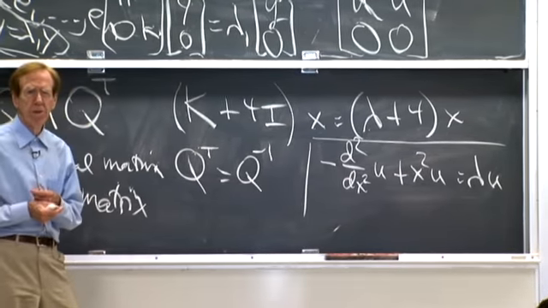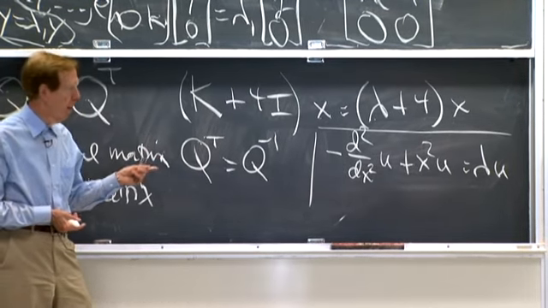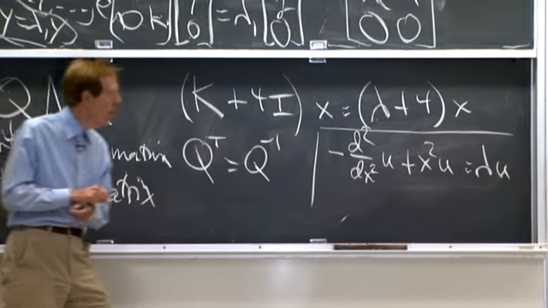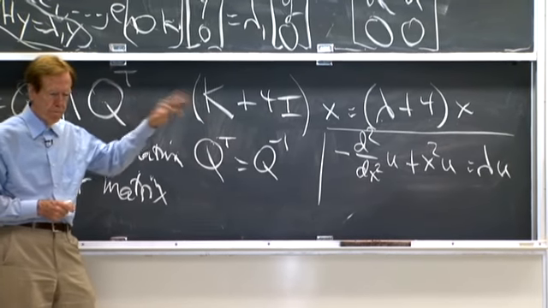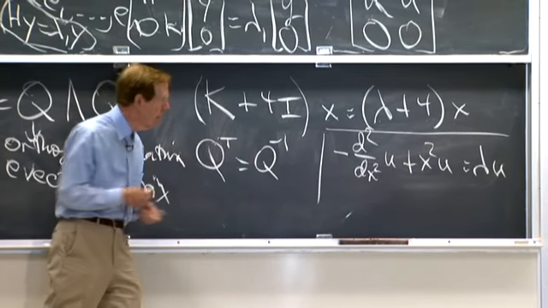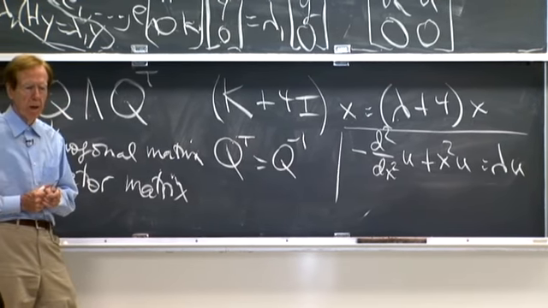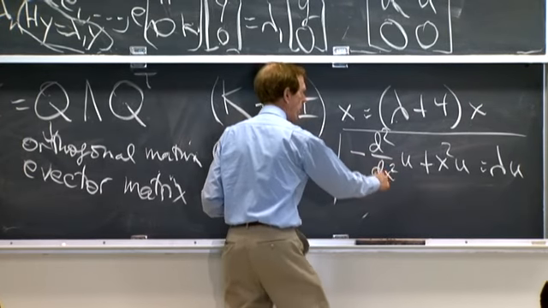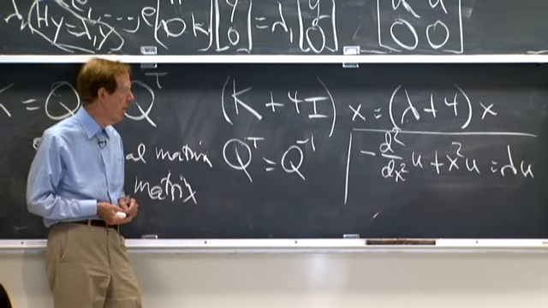What were the eigenvectors of the second derivative before there was any x squared u, any potential showing up? They were just sines and cosines, right? Sines and cosines have the property that if you take two derivatives, you get them back with some factor lambda.